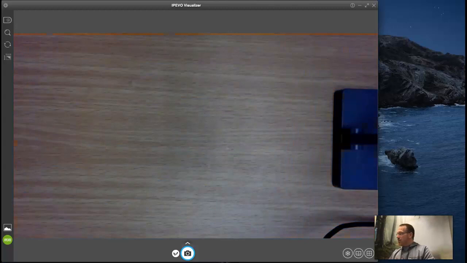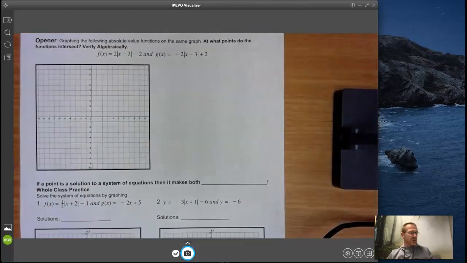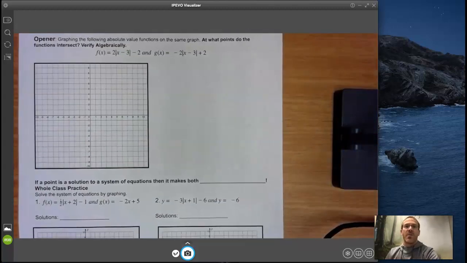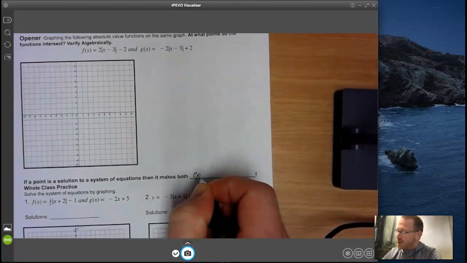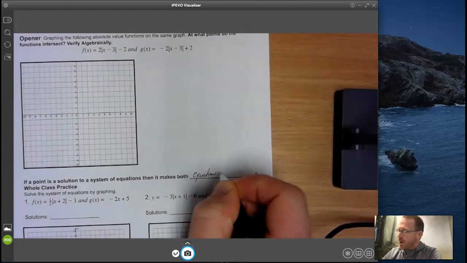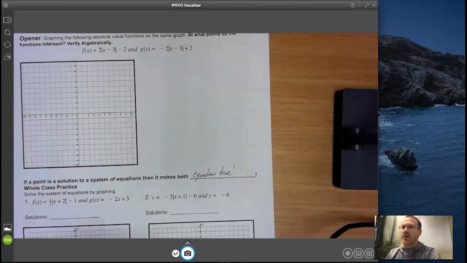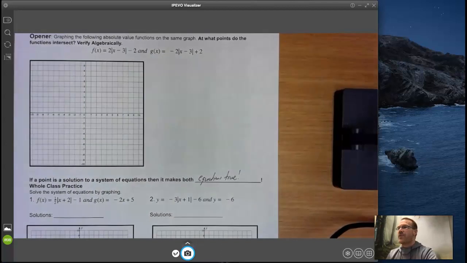So now let's look at the next line here. If a point is a solution to a system of equations, then it makes both equations true, and they should have the same value.